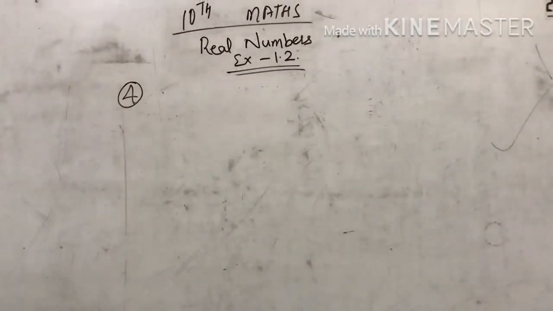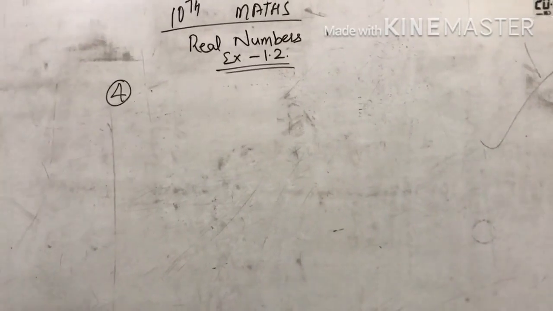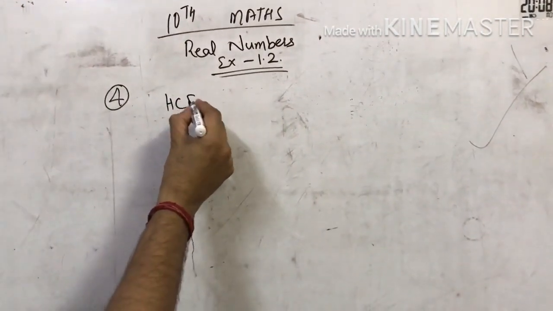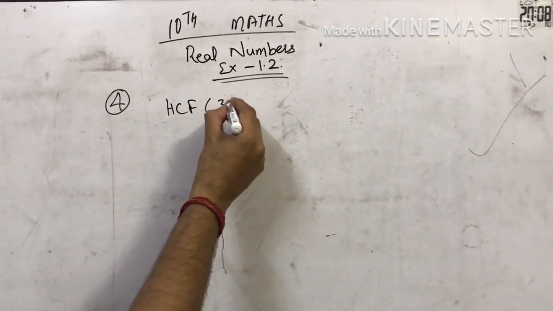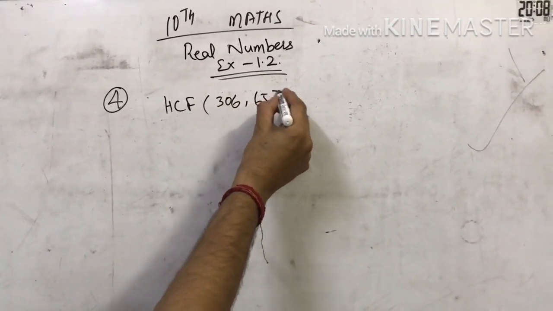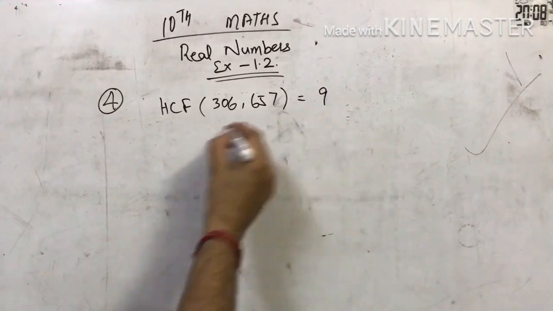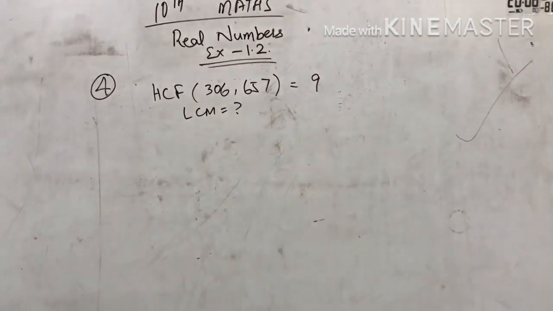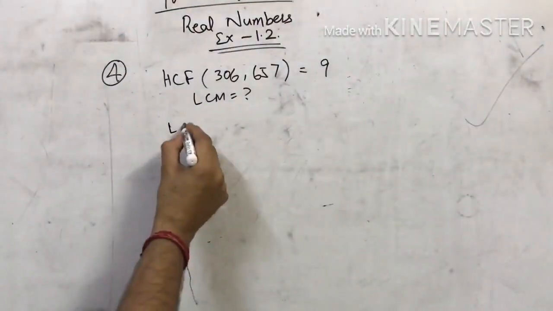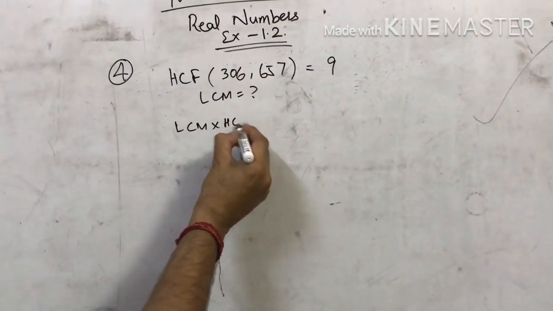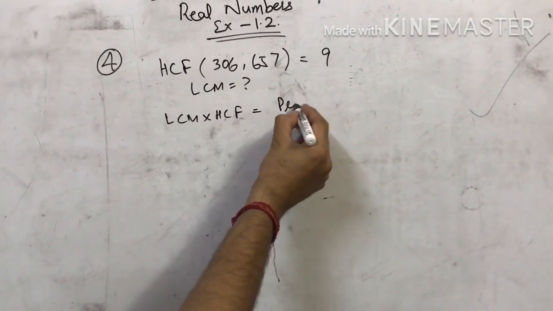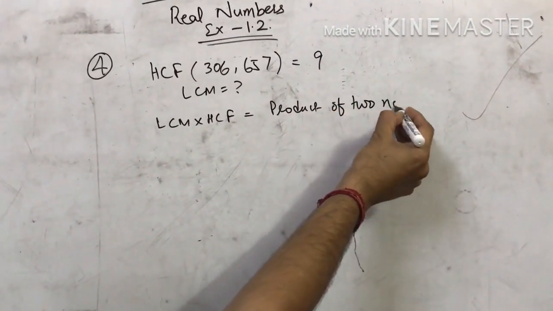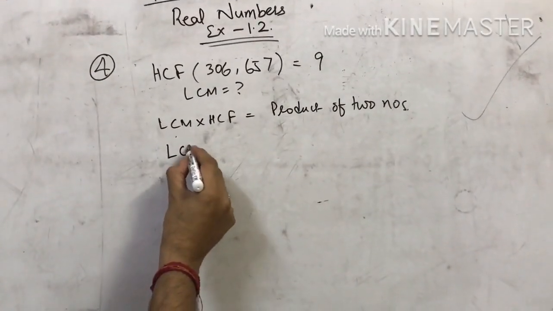Question number 4. Given that HCF of 306 and 657 is 9. So HCF of two numbers 306 and 657, you know. It is given that it is 9. You have to find the LCM. We know both the numbers, so we use this formula. LCM into HCF is equal to product of two numbers. So LCM you have to find out.